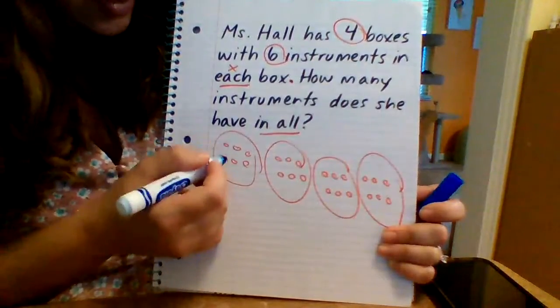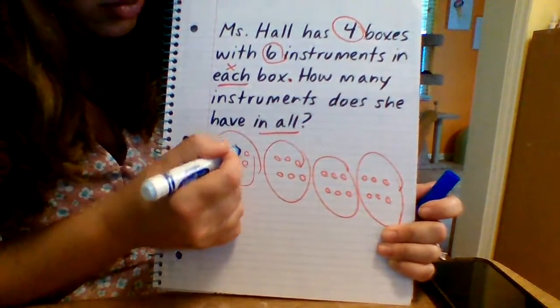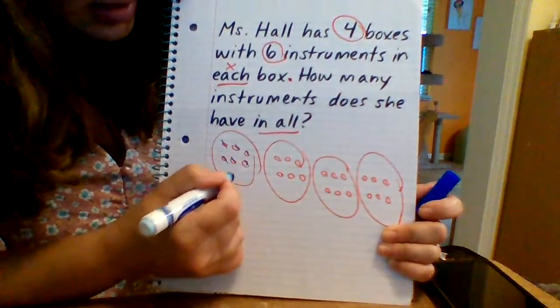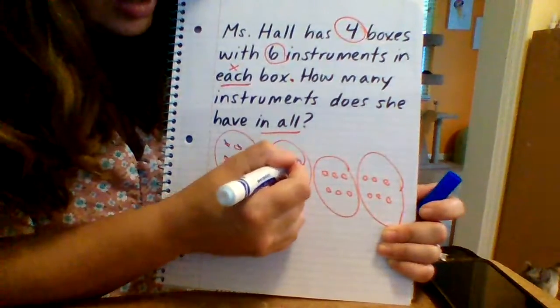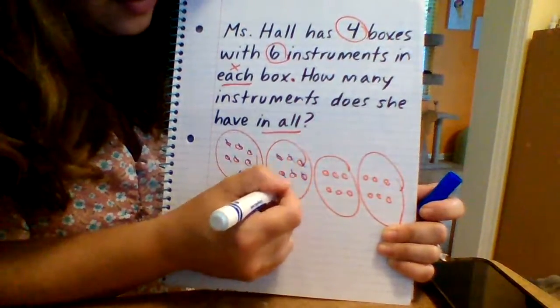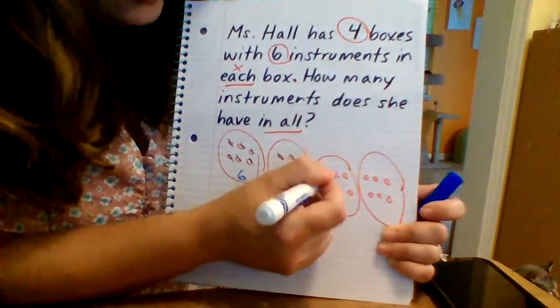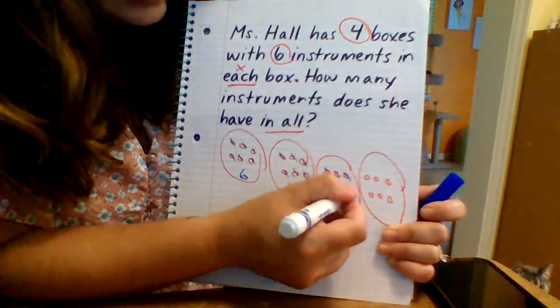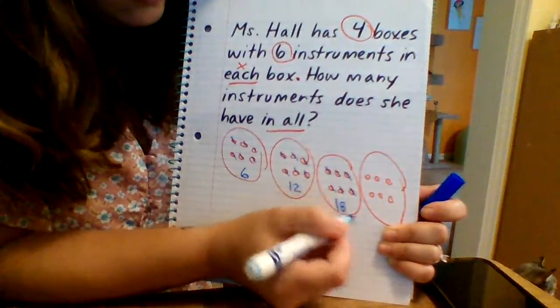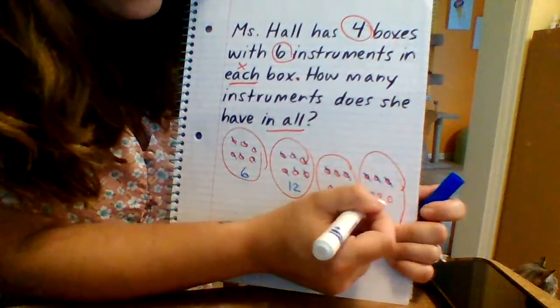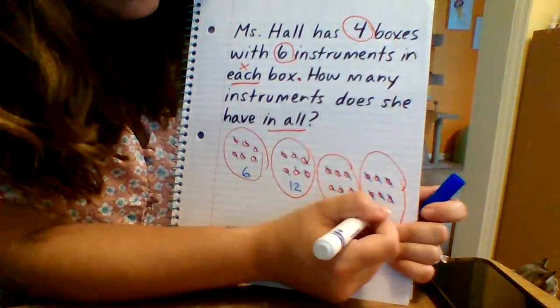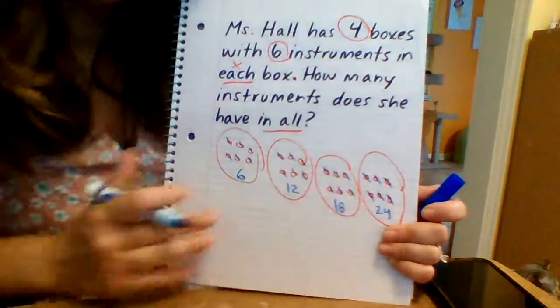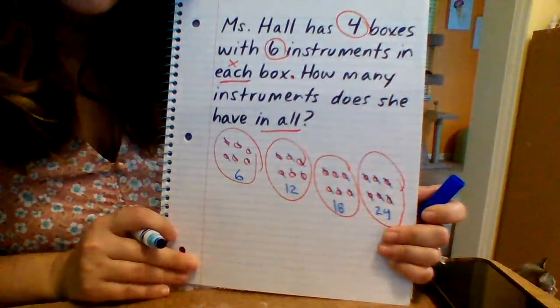We'll count them up: 1, 2, 3, up to 24. 24 instruments in all in the boxes.